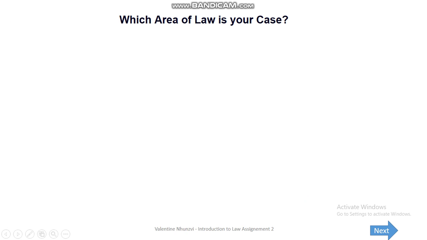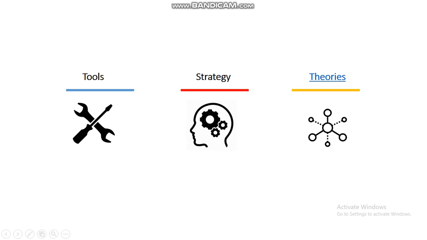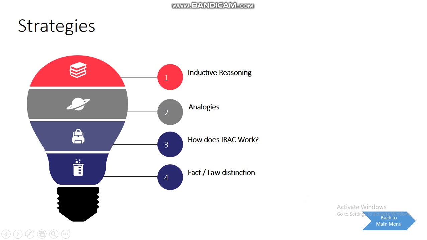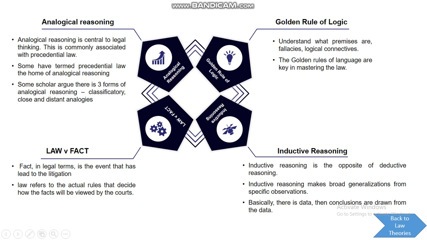So we've looked at the tools. We can then look at strategy. We've broken this down into inductive reasoning, analogies, IRAC, and fact-law distinction. If we click here, it takes us to a bit more detail.